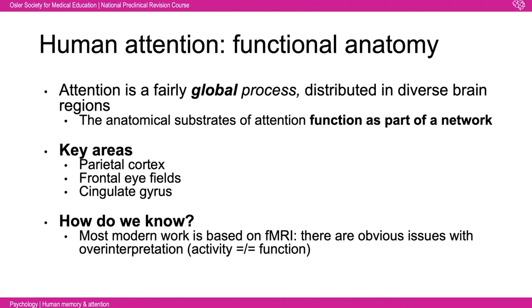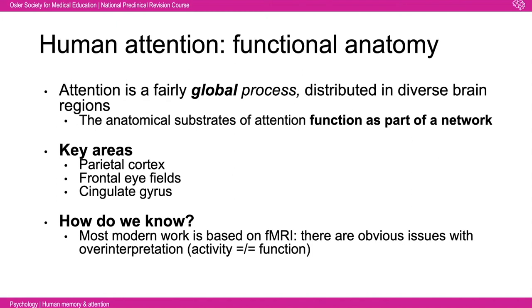But moving past that, most of the modern understanding coming out now, particularly in cognitive neuroscience and in psychology, is based on functional MRI. That's probably something you've come across quite a lot, which functions basically by measuring brain activity based on glucose levels.